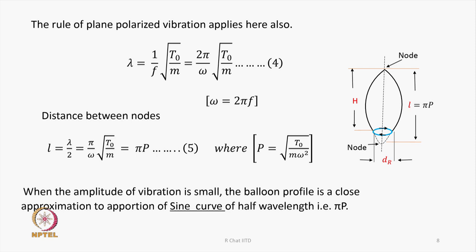So, you see it here in the diagram, node to node distance L is going to be pi p, but if this blue circle indicates the location of the ring. So, the ring is here, then the distance from the top node to the ring is h, that is the balloon length or balloon height. So, h is balloon height and L is the distance between the two nodes.